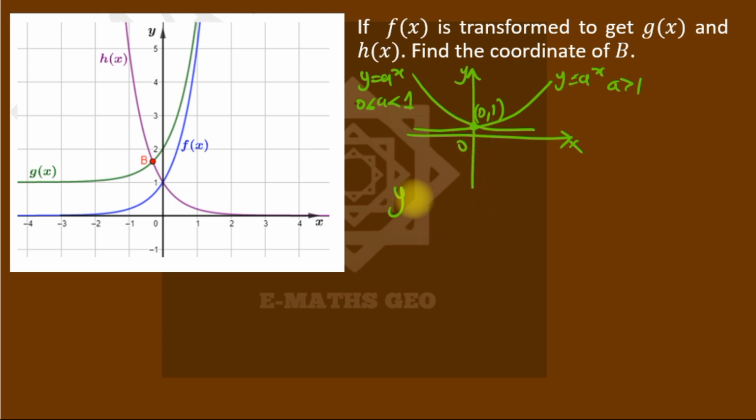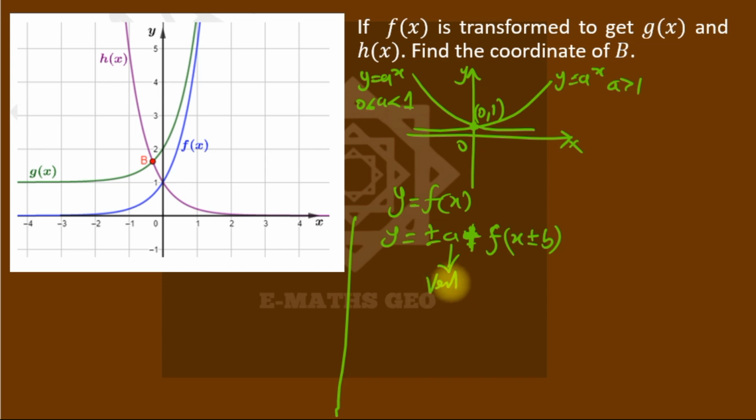If you have y equals a function f(x), and you later have another function, f(x) plus or minus a, or f(x plus or minus b), we know that a is a vertical shift.